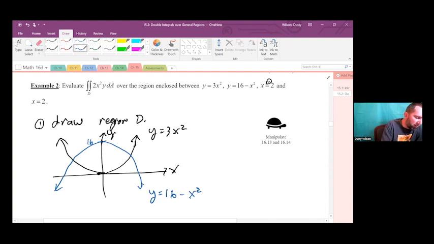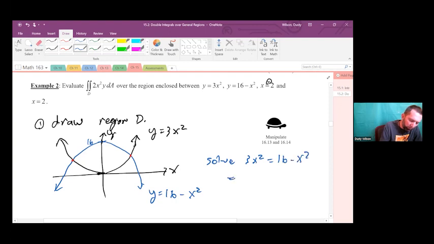We need to find these points of intersection, specifically the x values of those points of intersection. And so we could solve for where 3x squared equals 16 minus x squared.